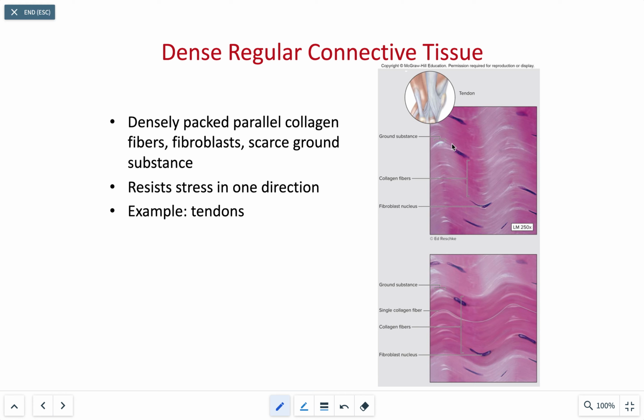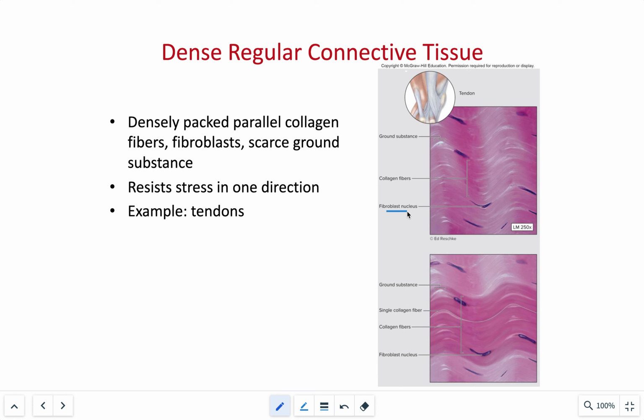So we see that we're starting to reduce the amount of ground substance, and we start to see these packed parallel collagen fibers. With the dense connective tissue, we also see that it has high numbers of fibroblasts.